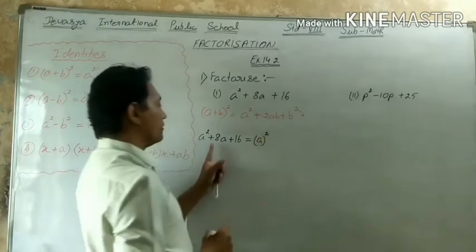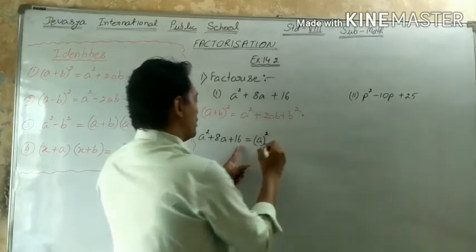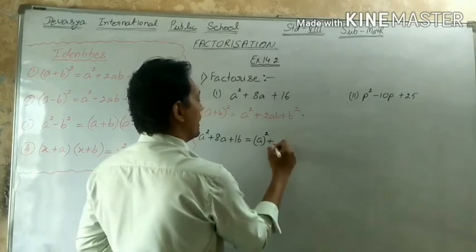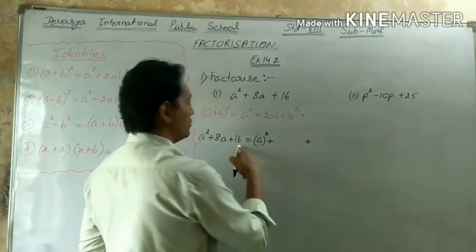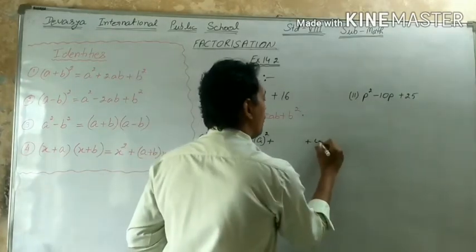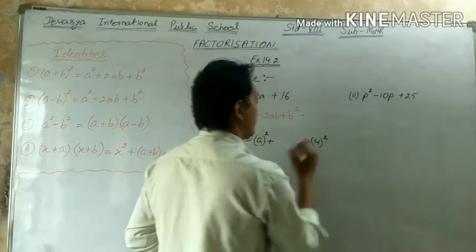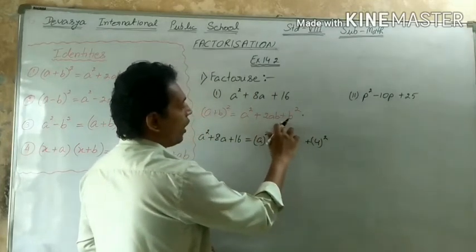a whole square. Then we write the last term, which is actually easier, so we leave space for the second term and write the last term, that is the third term. This is 16. We can write 16 as 4 square, and the middle term we can write as 2ab in this format.